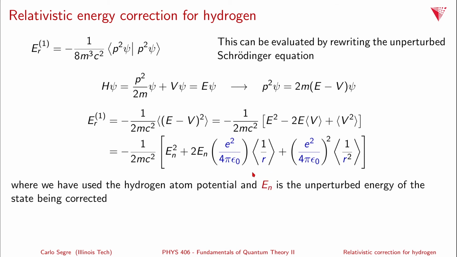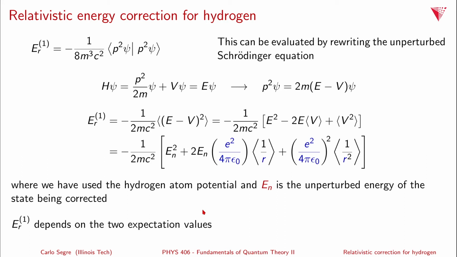So what it boils down to is that we replace now the energy with E sub n, so that's the energy of the specific state that you want to calculate the correction for. So this is E sub n squared, and then E sub n here. And we substitute the potential for the hydrogen atom.